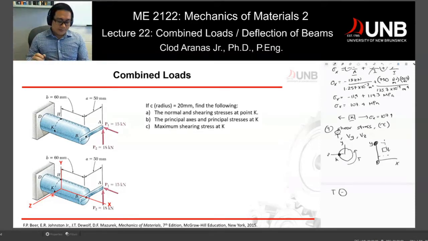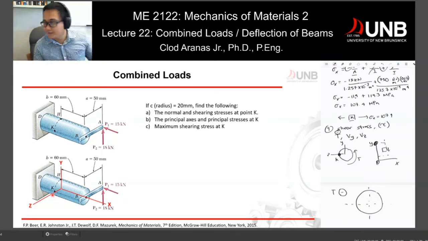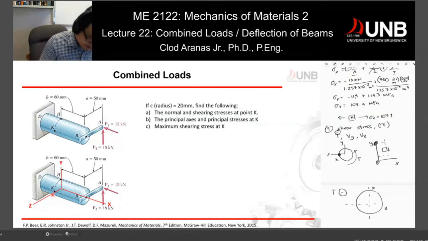Now, how about my V sub Y and V sub Z? So let's go back to our cross section. It's not a good circle. Okay, so now let's imagine this, and this would be your Z axis, Z, Y. Let's first look at the Y axis. So this would be our point.